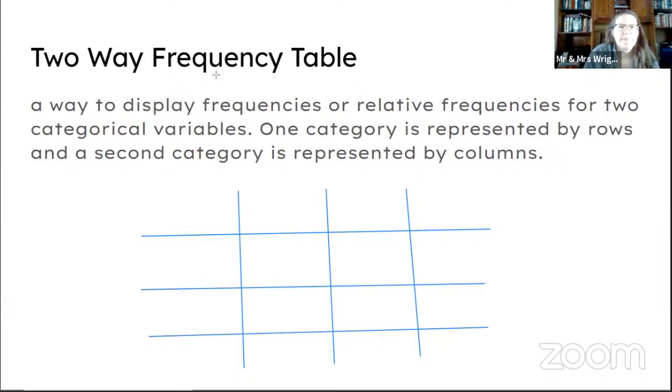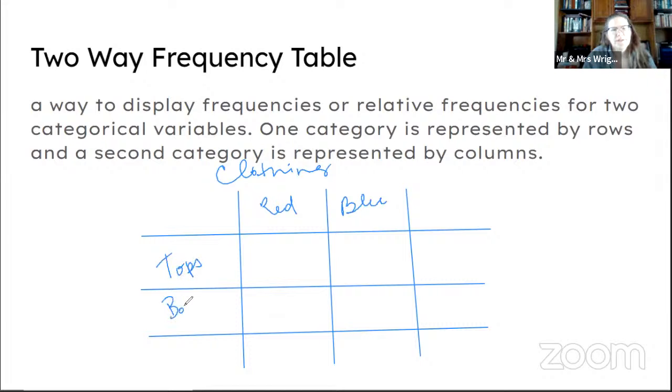So let's say we're looking for clothing. Red and blue clothing. And then you've got tops and bottoms. So like jeans, bottoms, B-O-T-T-O-M-S. Okay, I can spell. It's not spelling class, it's math class.